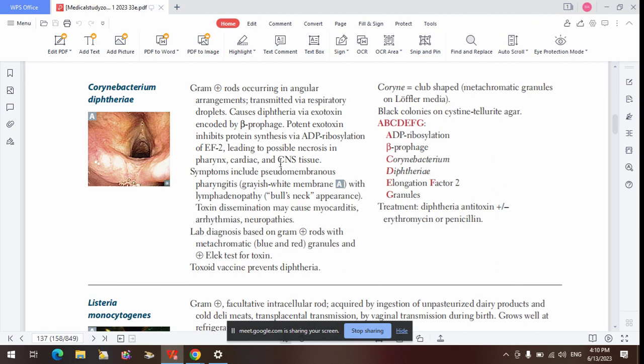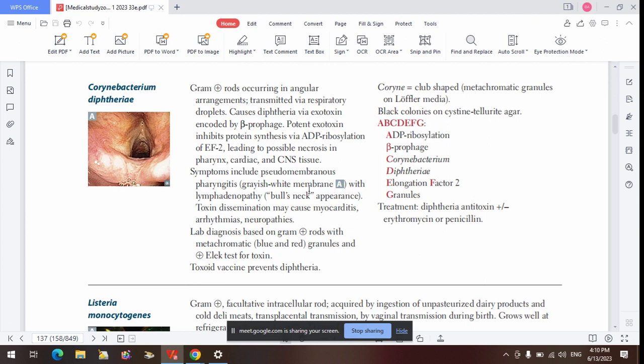It can disseminate to other organs, particularly the heart and the CNS. When it reaches the heart muscle through the bloodstream, it can cause myocarditis by causing necrosis of the heart muscle. It can also affect the nerves by causing necrosis of nervous tissue, because it impairs proteins important in forming nervous structures, so they can have peripheral neuropathy and other nervous presentations.